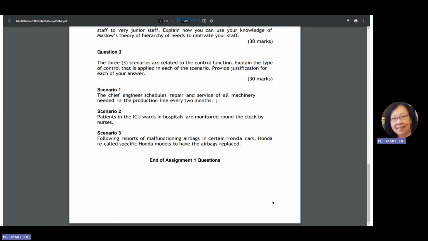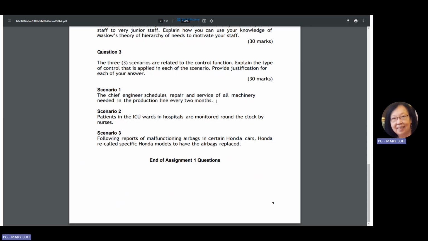The second one, concurrent control. You control while something is in progress, while something is happening. So therefore, patients in the ICU, they are not well. So the nurses monitor their progress, take their temperature, look at their heartbeat, have all the machines, all the tapes and wires attached to the body, to monitor their condition.